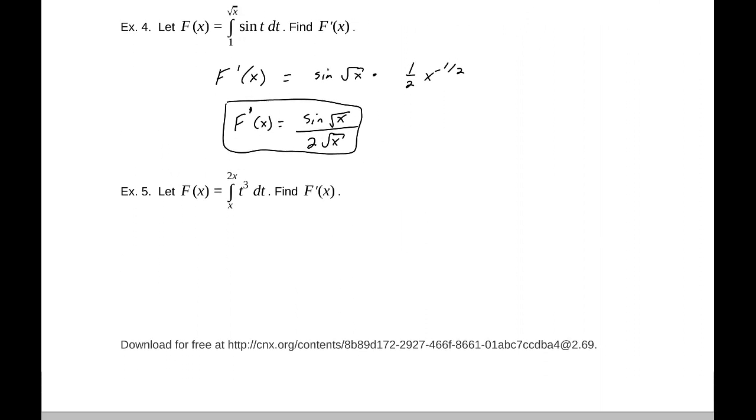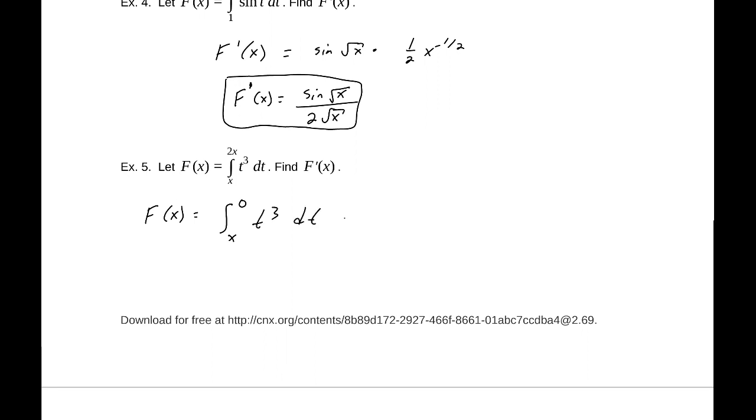All right, example 5, a little different in our limits. We've got x to 2x. All right, the way we're going to do this is let's start with f of x. Let's split this into the integral from x to 0 of t cubed dt plus the integral from 0 to 2x.